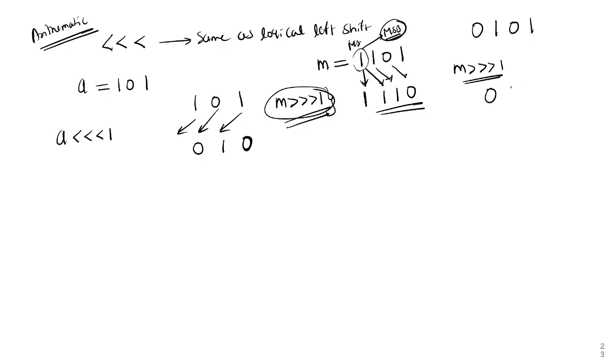First it will hold the MSB bit, and after that it will shift: this 0 will be shifted, this 1 will be shifted, and this 0 will come here. The change comes in the right shift only; in left shift both are the same. Understood? Okay, sir. Okay, next you see relational operators.